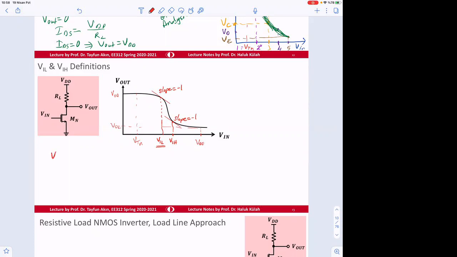We know that VDD is equal to V out plus RL times IDS.